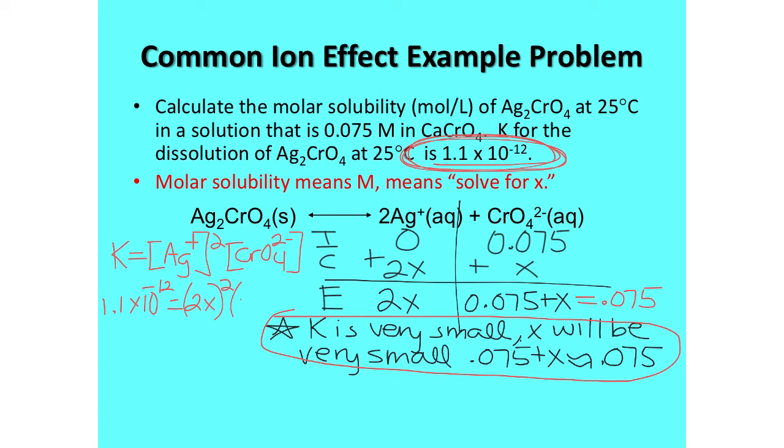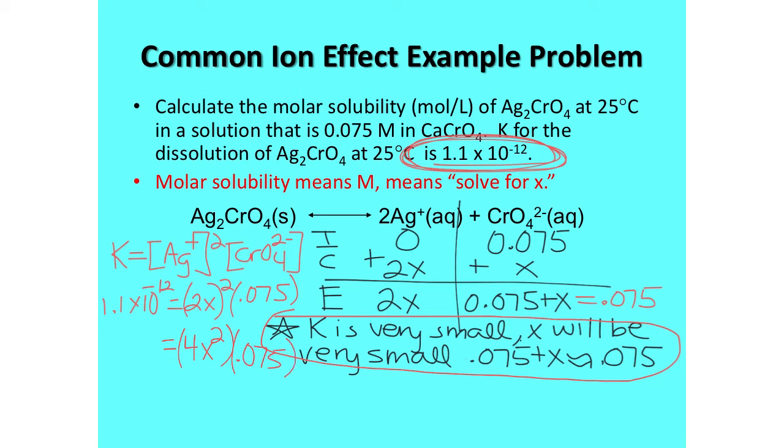And the chromate ion is going to be 0.075. Again, because even once we add the x to it, it's going to be essentially that. So now we can just do our math. Remember, this is going to be 4x squared, so don't forget about that.